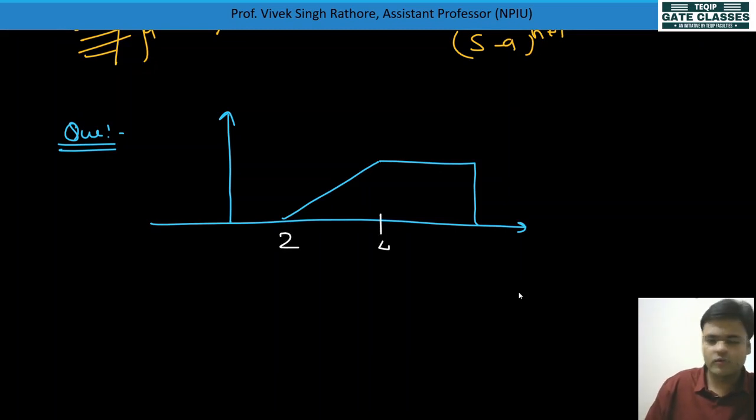This is 2, 4, 7, and this value is exactly 6 now. And this slope you can find out, no problem with that. This is in the time domain.